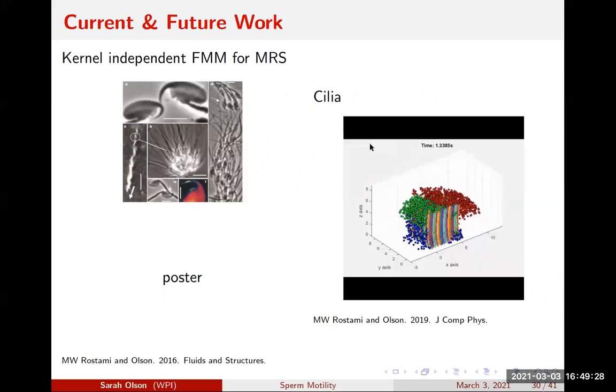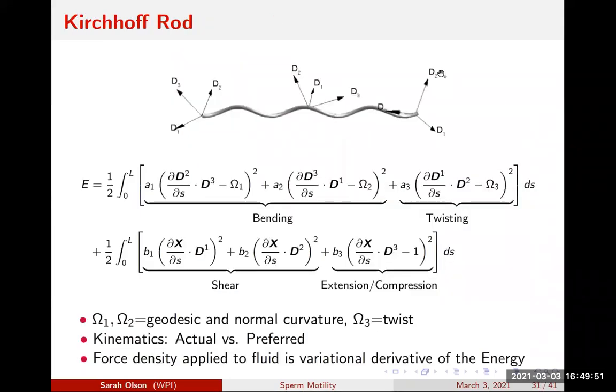And we did some work with kernel independent fast multipole method for the method of regularized Stokeslets. And we can now simulate a large number of structures in this manner. And Ming Hao cleverly developed some interesting preconditioners when we're doing the inverse, where we know velocity and we're solving for forces on these structures.